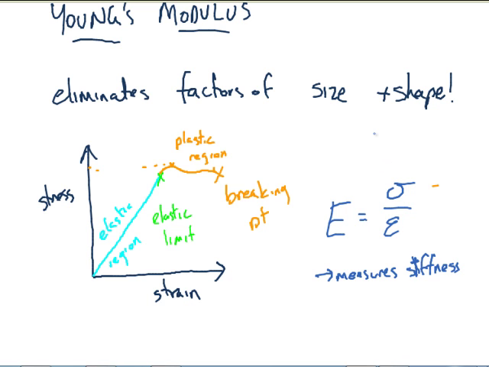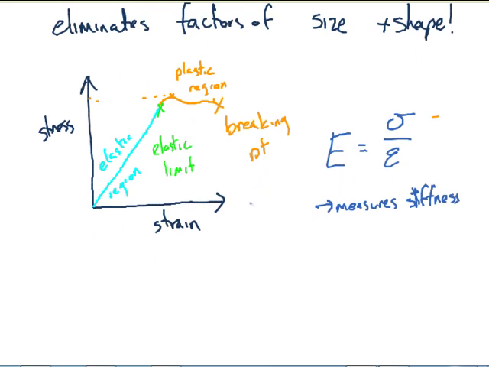Okay, it gives us a way to compare how easily a material stretches. So, greater gradient. So we've got material 1 and we've got material 2. Material 1 is not as stiff as material 2. So material 2 is stiffer.